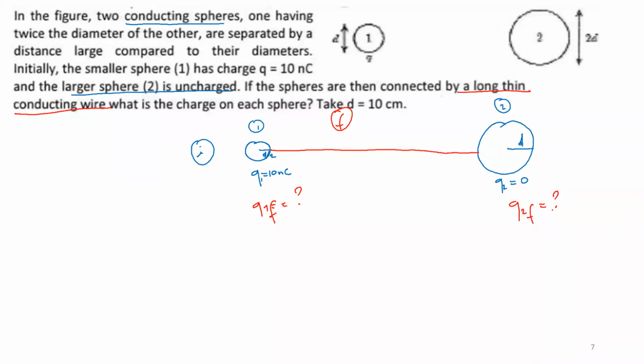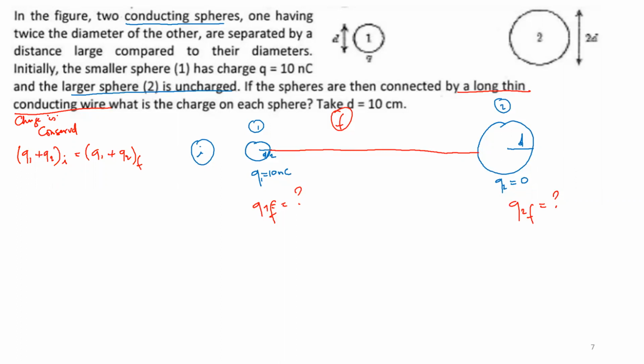Now, let's calculate. First thing first, we will have conservation of charge. Basically Q1 plus Q2 initial will be equal to Q1 plus Q2 final, as we said before. Charge is conserved. The amount of charge in the universe is conserved.